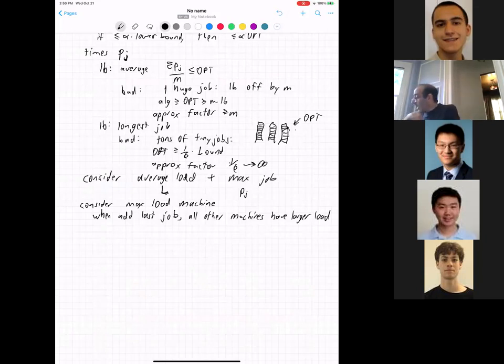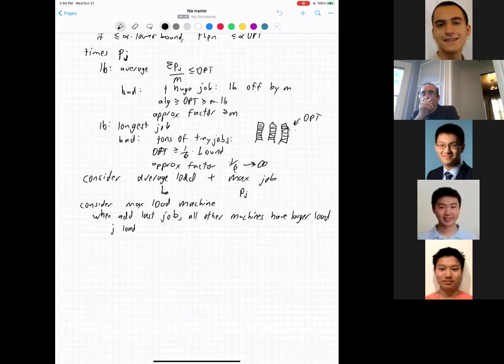So when we add the last job, all the machines have larger loads. So what can I say about the load of this machine where I added the job? Well, I claim that this machine has a lower load than average. Everybody see that?